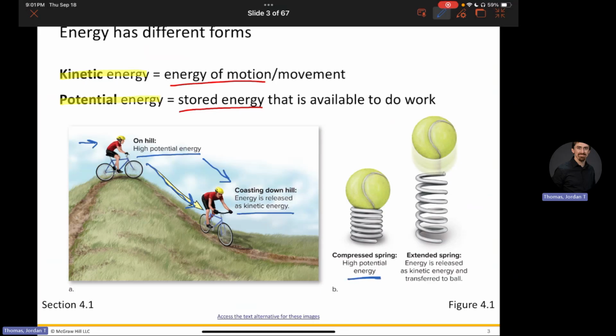It can move the tennis ball. And then once we extend the spring, we have kinetic energy that's being transferred into the ball to throw it in the air. So these are both examples of potential energy, either something at the top of the hill or the spring being compressed, and kinetic energy, which is energy in motion, that bicyclist moving at the bottom of the hill or the tennis ball flying in the air.